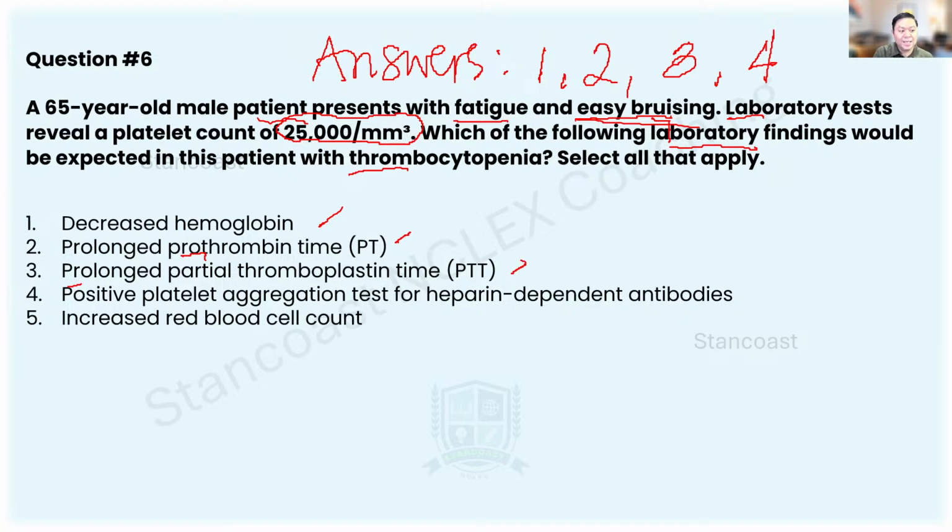Okay. And number 4, positive platelet aggregation test. What do you think will be revealed with this testing? Positive platelet aggregation. This is going to be a complication related to the HIT.